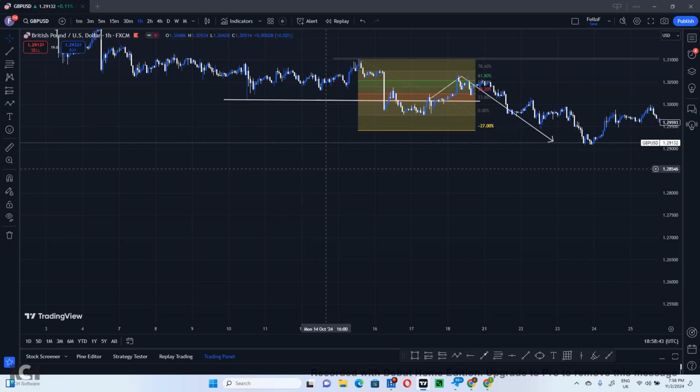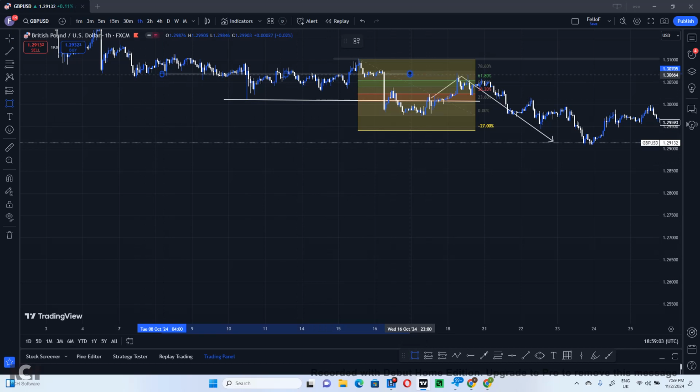Looking at this point, you realize there is a point of interest somewhere around here. Let me draw it out. This point of interest will actually work as a confluence. This zone that I'm drawing out, price has always rejected around the zone.